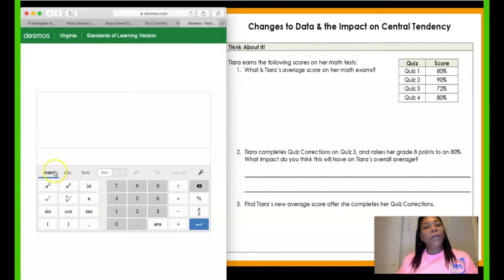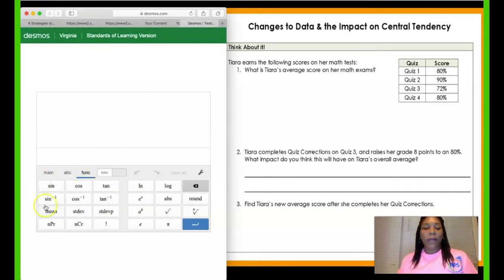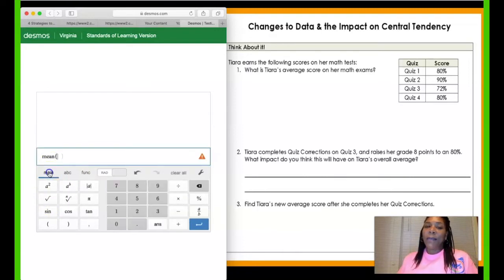Remember from yesterday, we went to function, down to mean, and then back to main so we can get our numbers in. So here we have 80, and between each number we have a comma. I'm doing it this way so you can see me placing each number in our Desmos calculator, and then I'm going to close it.